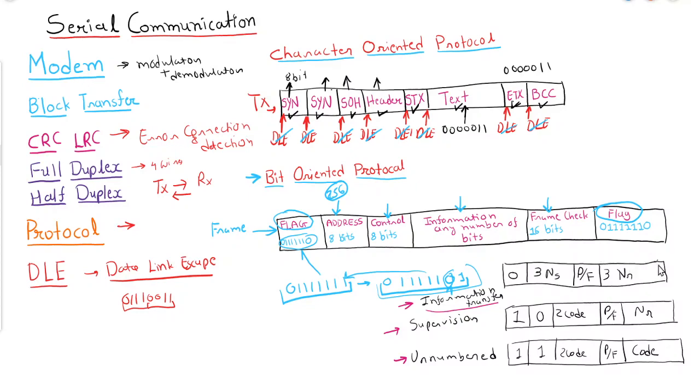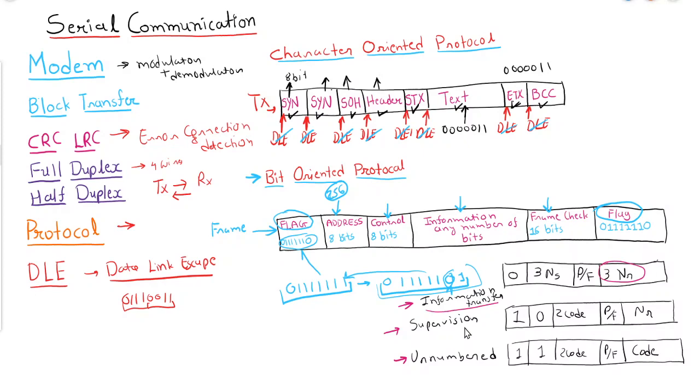Whenever the receiver receives the data, it will acknowledge the sender by specifying the received frame number. Let's say the frame number is 000, and if it is received properly, the receiver will respond with that frame number 000 using this field, and then send the frame to the sender.